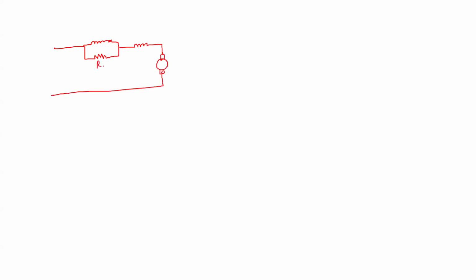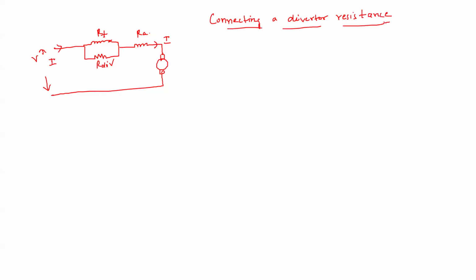So let us say this is R diverter, this is RF, this is RA, this is I, this is I, this is V. So this is by connecting a diverter resistance. On this also there are some questions, okay, where the diverter resistance is connected. So what is the new speed in this case? Okay, all these things are there. So we will see those questions.